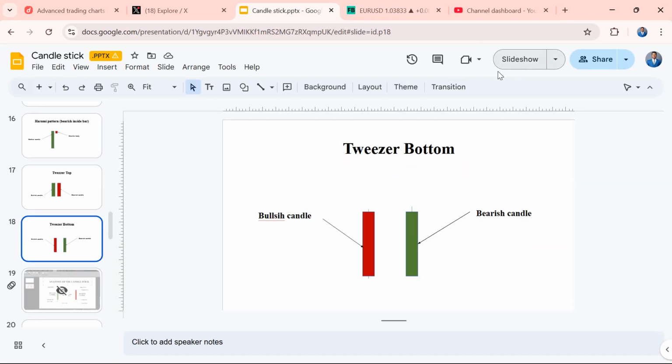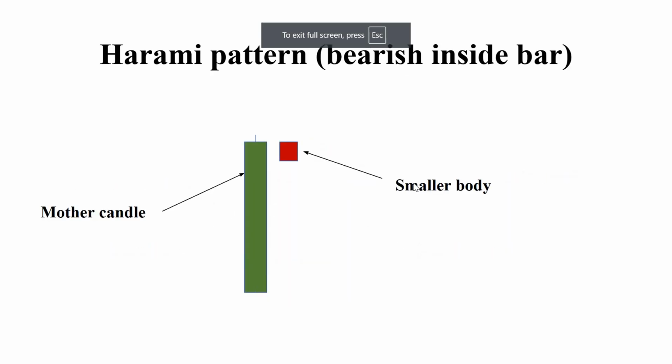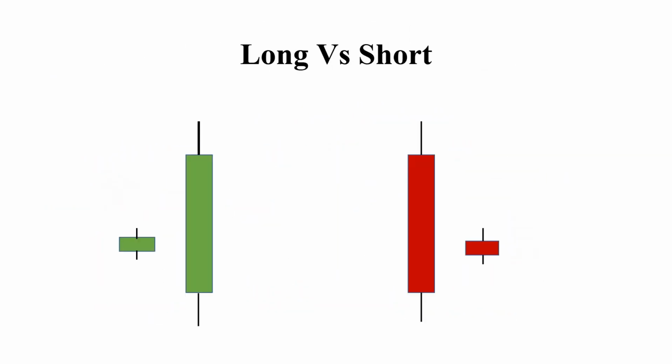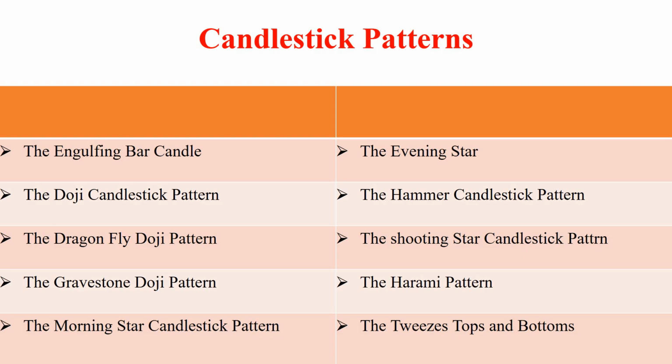So far we have done the engulfing bar, the doji, the dragonfly doji, the gravestone doji, the morning star, the evening star, the hammer, the shooting star, the harami pattern, and finally the tweezer tops and bottoms.